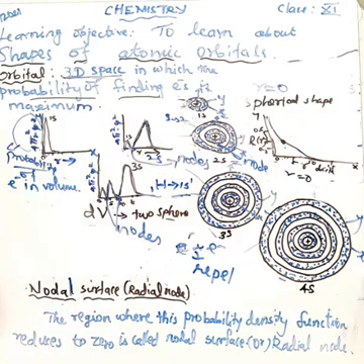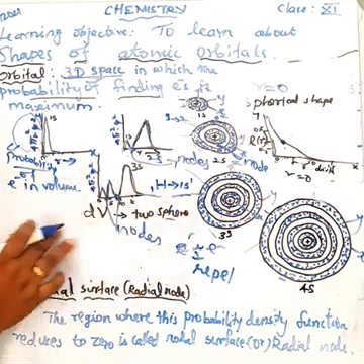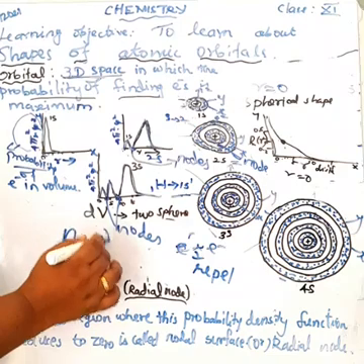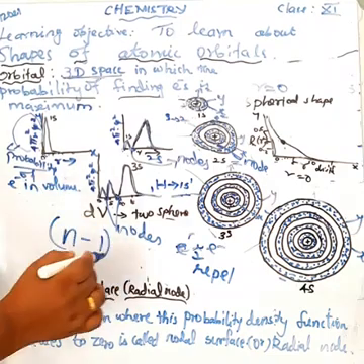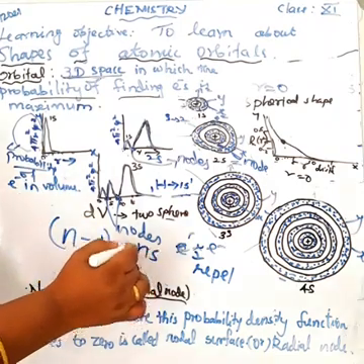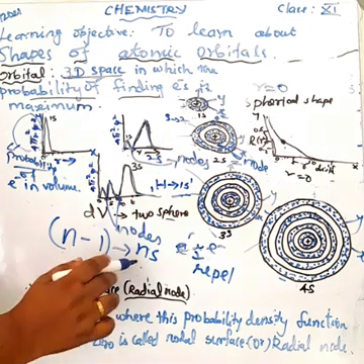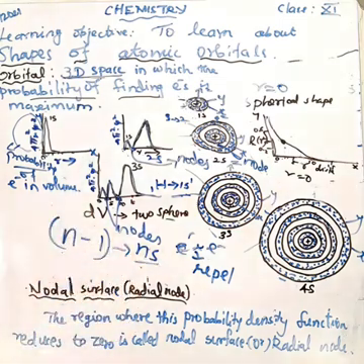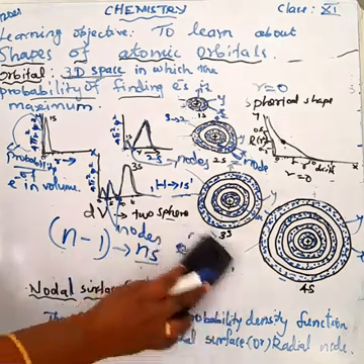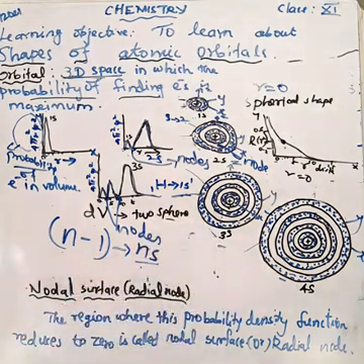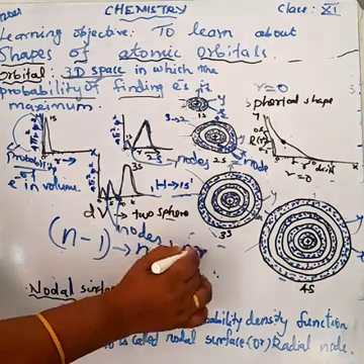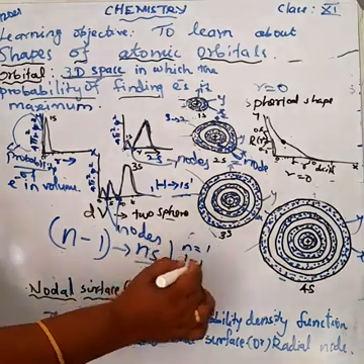When we find the number of nodes, there is a formula, n minus 1. This formula is only for ns orbitals. For n equal to 1, that is 1s, 1 minus 1 is equal to 0.